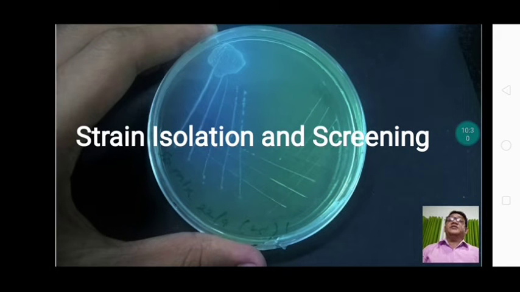For strain isolation and screening, surface polluted sludge, 1 to 2 centimeters, was collected from Rumaila oil field.